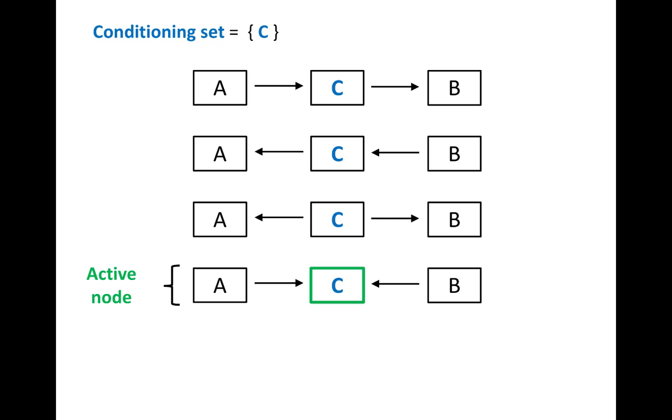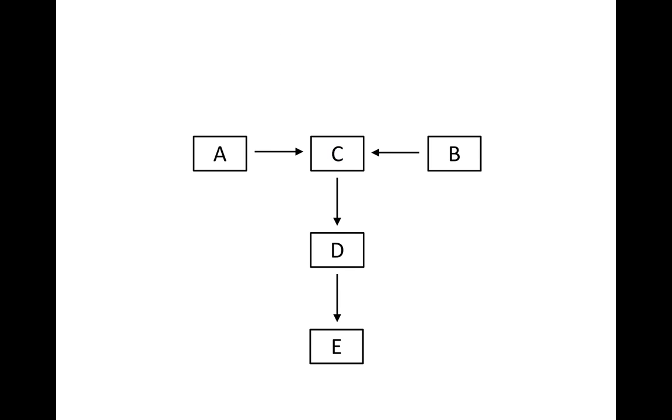So far, so good. There is a slightly odd case, however, the descendants of colliders. A collider switches from inactive to active when it is in the conditioning set, and it also becomes active if any of its descendants are in the conditioning set.